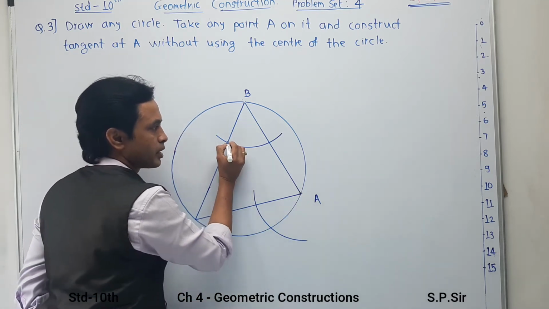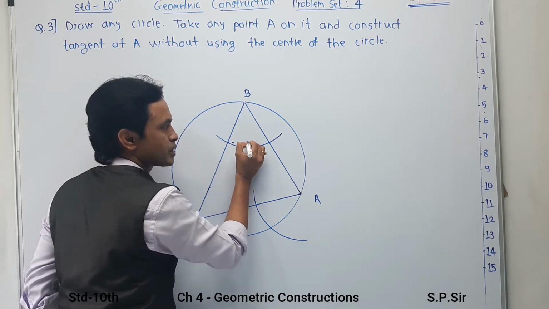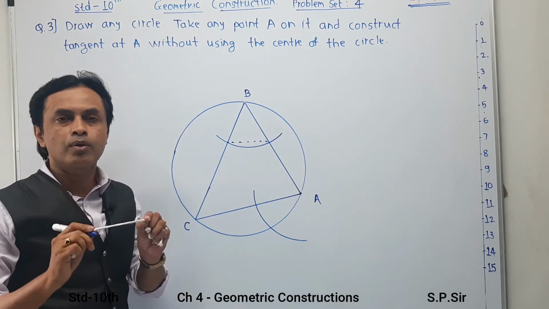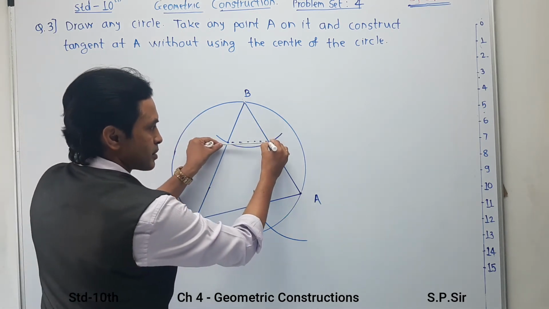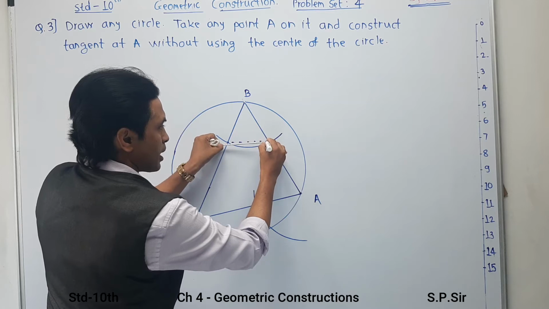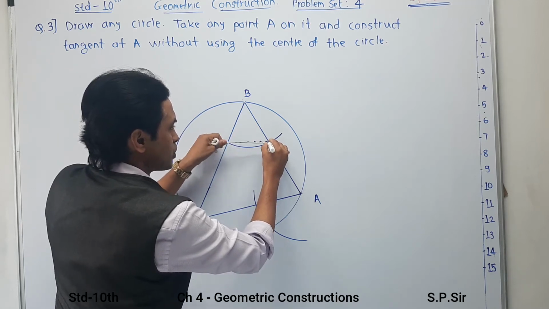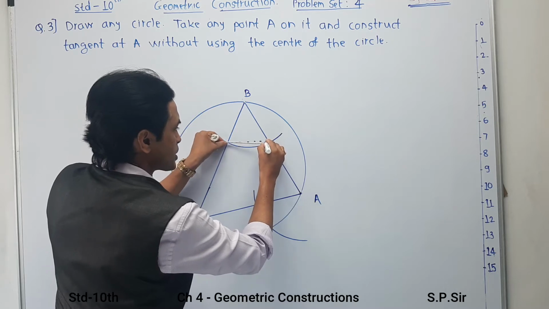Now for the second part, you have to take this distance into consideration over here. This is the part, and again in your compass you have to take this distance. Keeping the distance exactly over here, with the help of this distance we have to make two arcs.